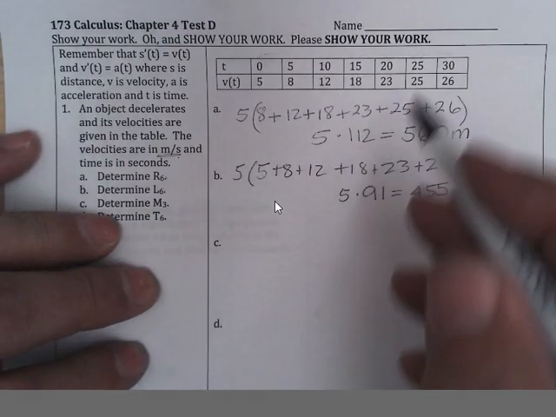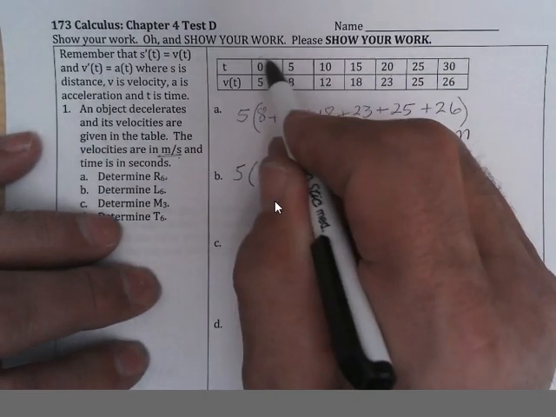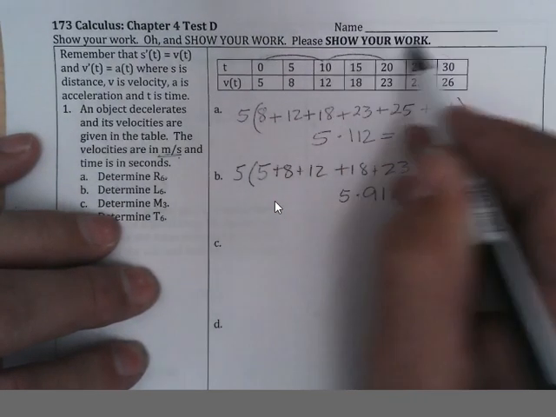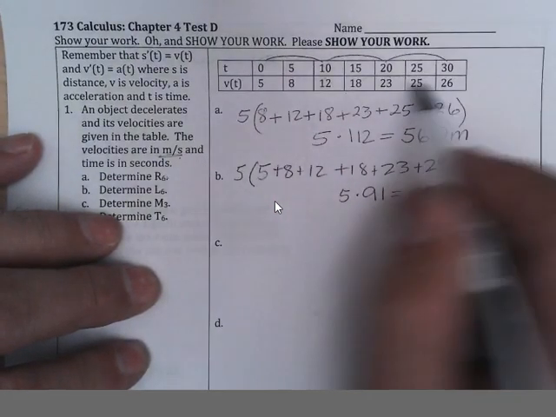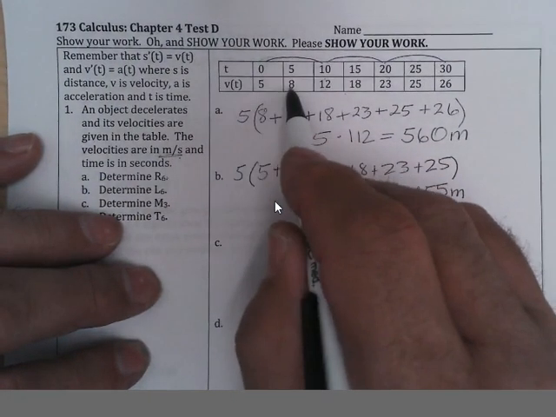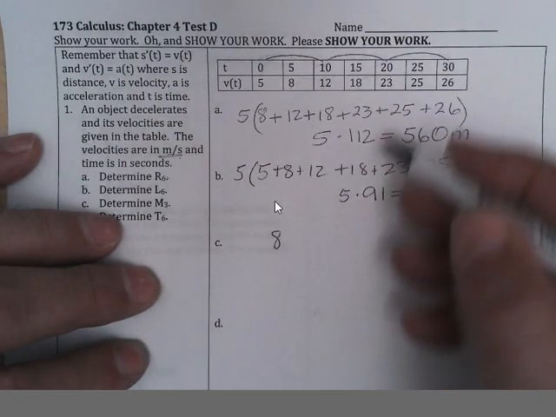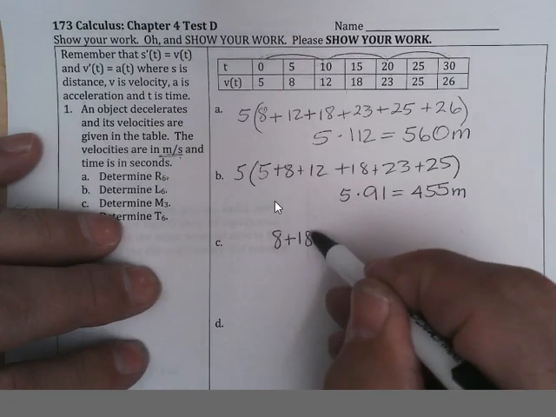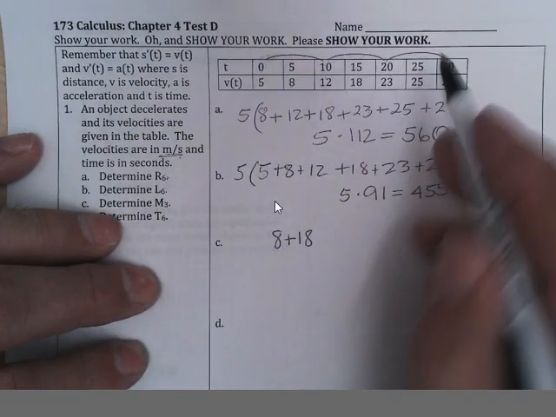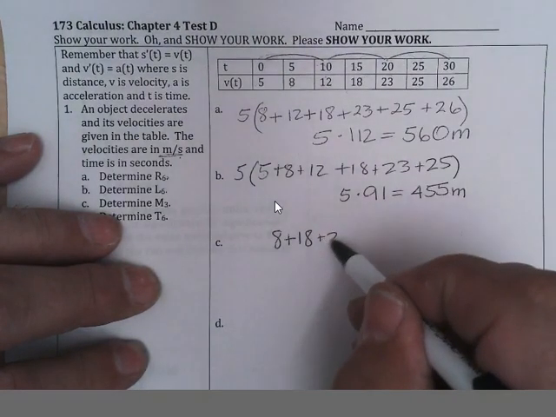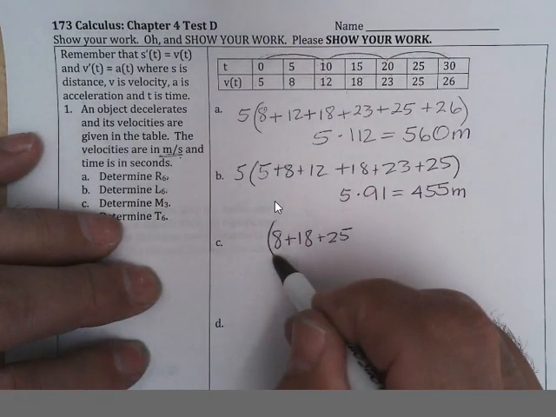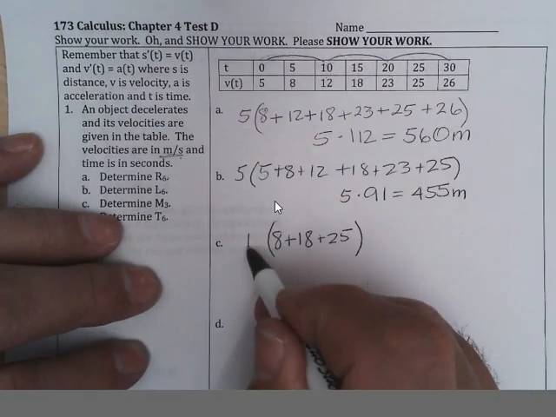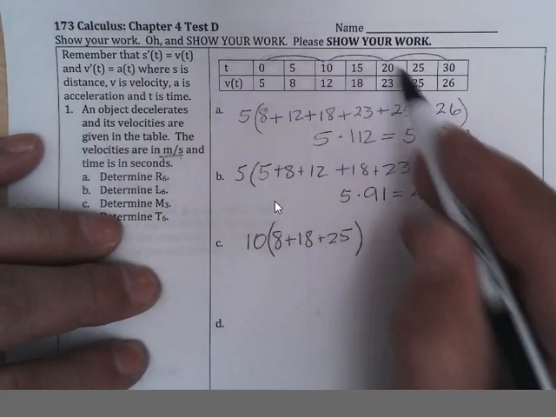Midpoint 3. Well, if there's 6 here, 3 would be every other one. So there's 1, 2, 3, and the midpoint height of this one is 8, the middle of this one is 18, and the middle of this one is 25. And the width now is changed because we're going from 0 to 10, which is 10, 10 to 20, 10.